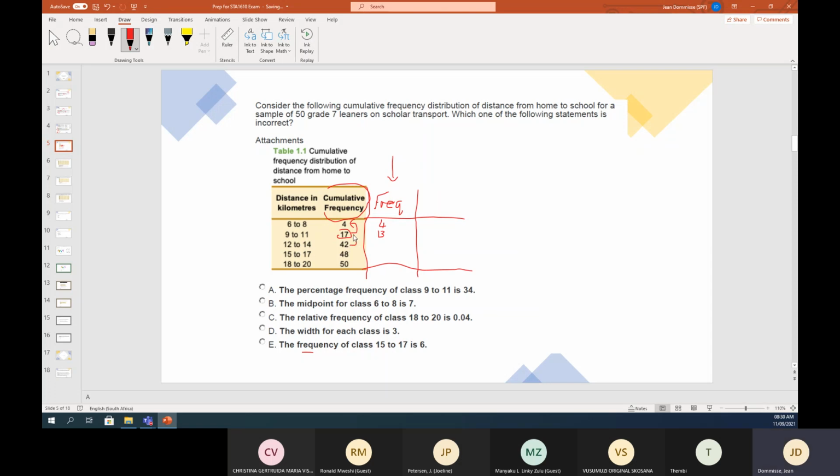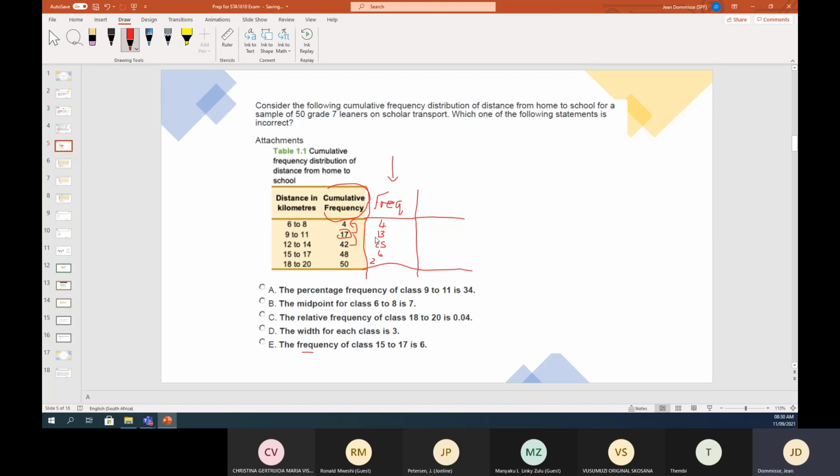Then 42 minus 17, I think that is 25. 48 minus 42 is 6, and 50 minus 48 is 2.